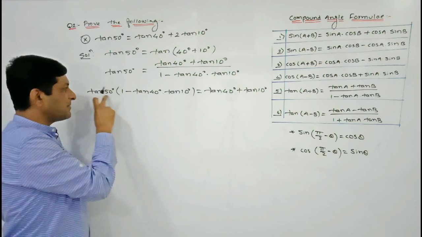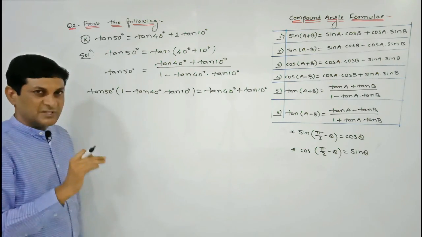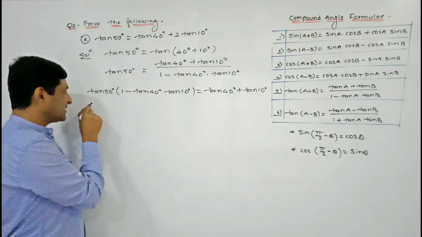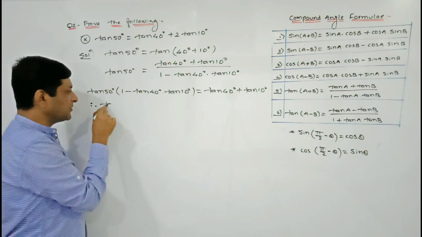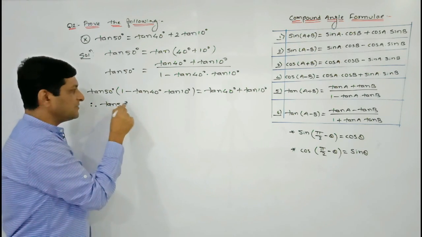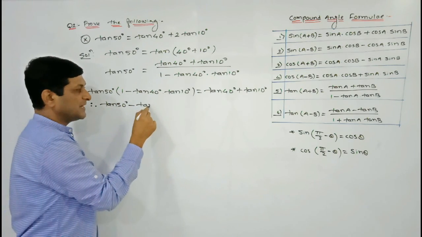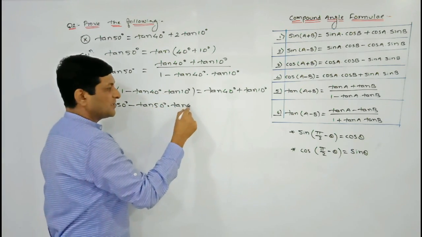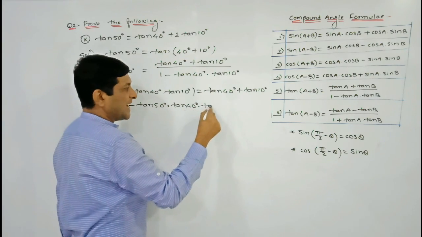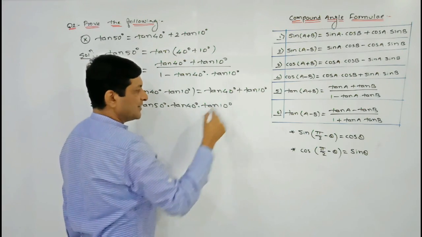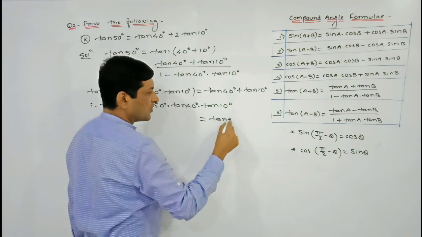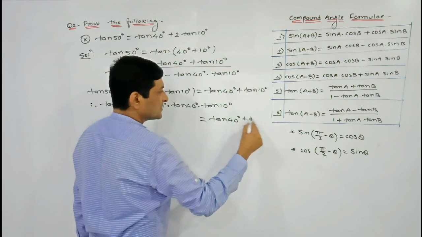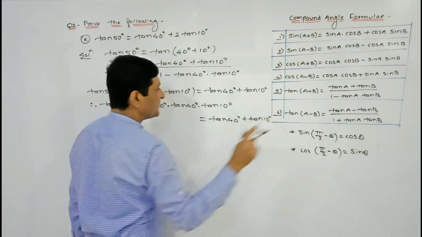Now I am multiplying tan 50 degrees to both the terms in this bracket. Tan 50 degrees into 1 will be tan 50 degrees, and multiplying the second term we get tan 50 degrees into tan 40 degrees into tan 10 degrees, and on this side tan 40 degrees plus tan 10 degrees, keep it as it is.